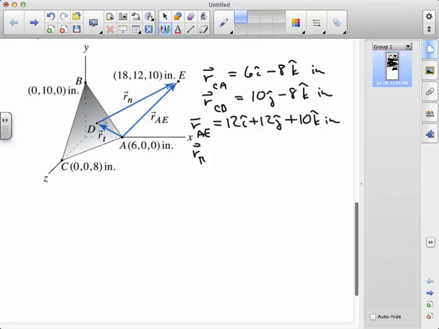RBE is 18I plus 2J plus 10K inches. And RCE is 18I plus 12J plus 2K inches.